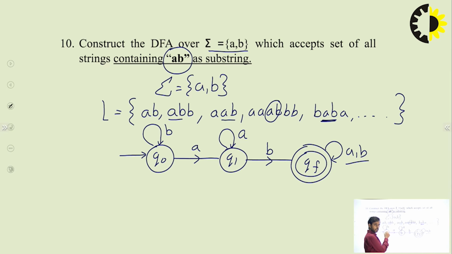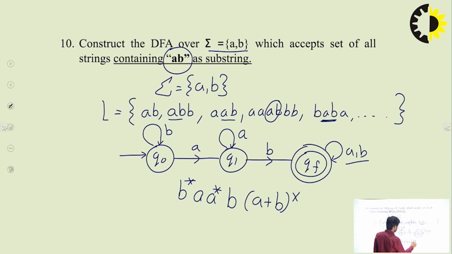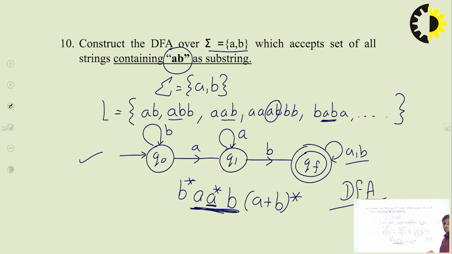So any number of B, A, any number of A and B, that is (A+B)*. So if star is 0 then still AB, if 1 then still AB. So AB is present here. So this is the final DFA for the corresponding language which contains AB as a substring.